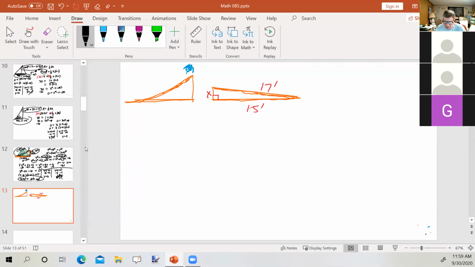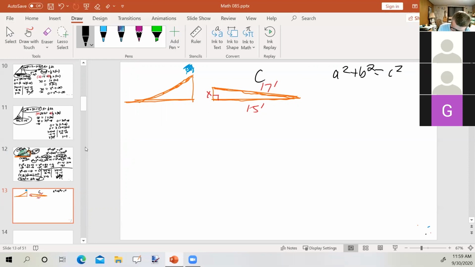So basically find x. So again, we're dealing with 3 sides of a right triangle, not the area, but the length of each side. So we're going to use a squared plus b squared equals c squared. And which is the longest side, the x, the 15, or the 17? 17? Good. I'm sorry, everybody had fallen asleep. No, I'm just kidding.